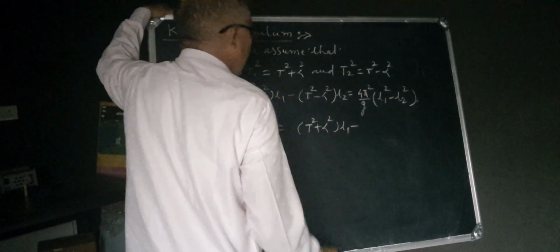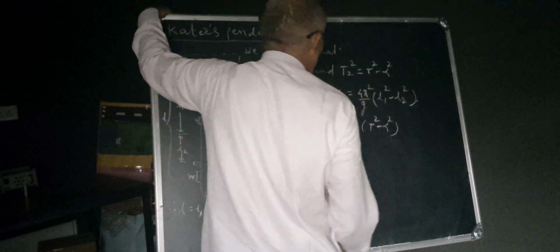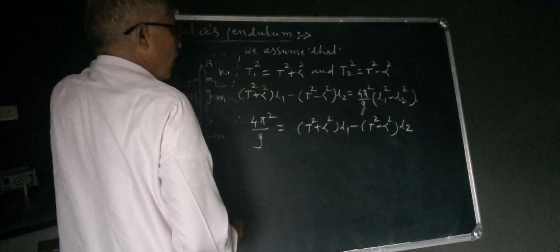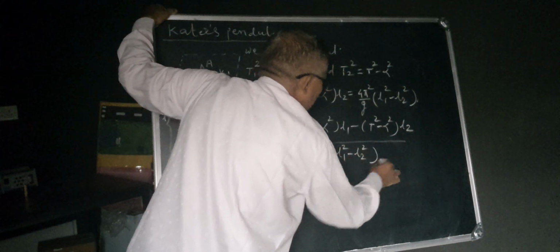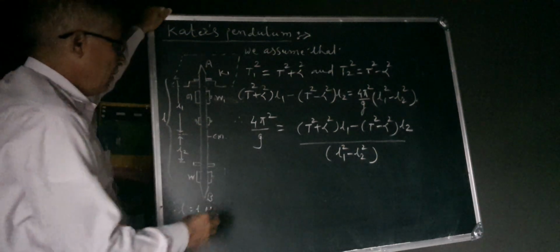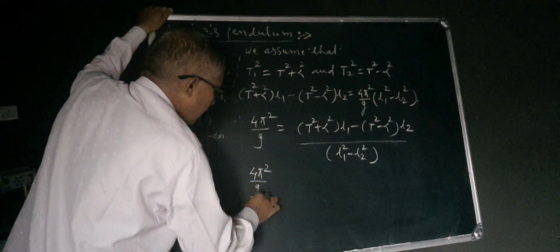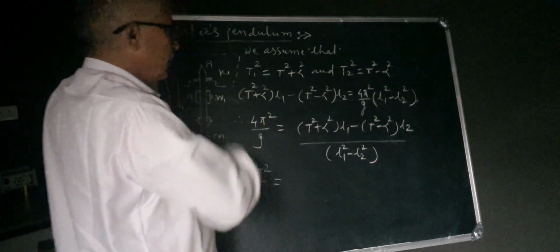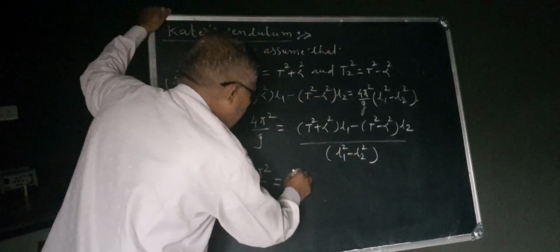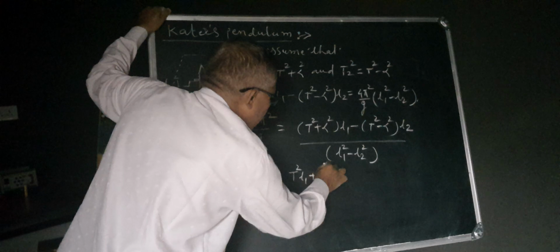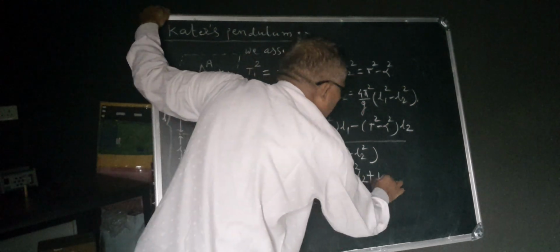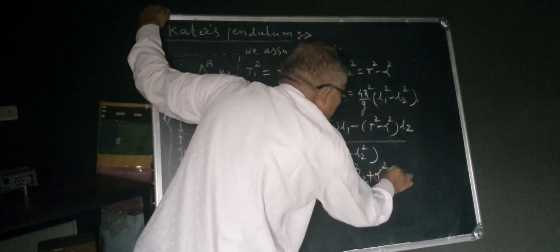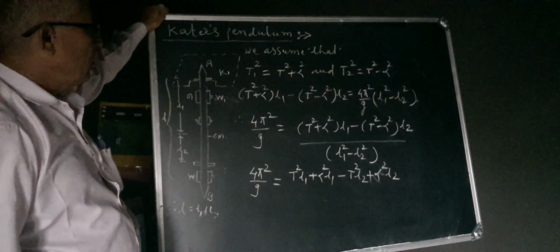I write this equation like this: 4 pi square upon g equals the left hand side, that is, T square plus alpha into L1 minus T square minus alpha into L2, upon L1 square minus L2 square. This can be simplified further: multiplying the brackets, it is T square L1 plus alpha L1 minus T square L2 plus alpha L2.